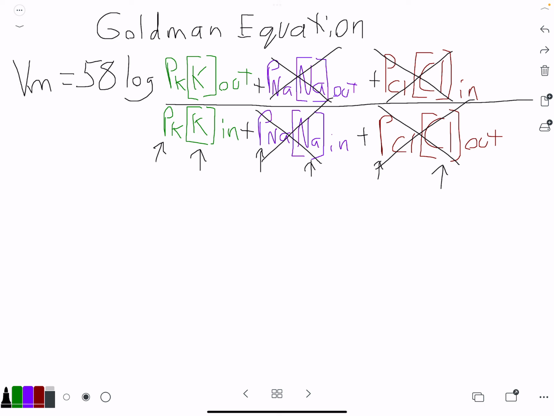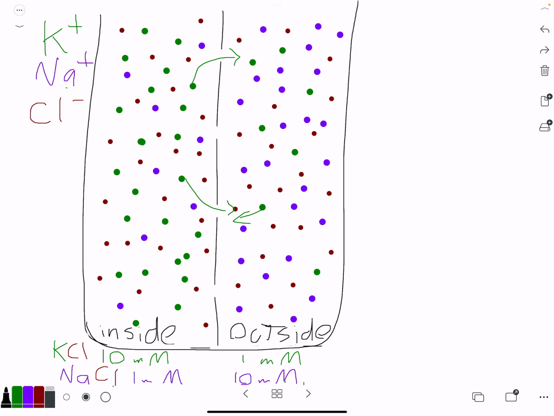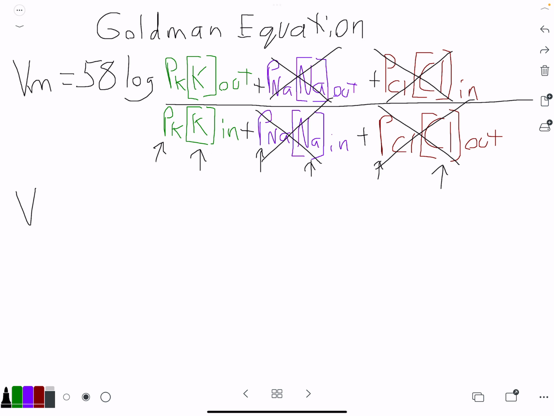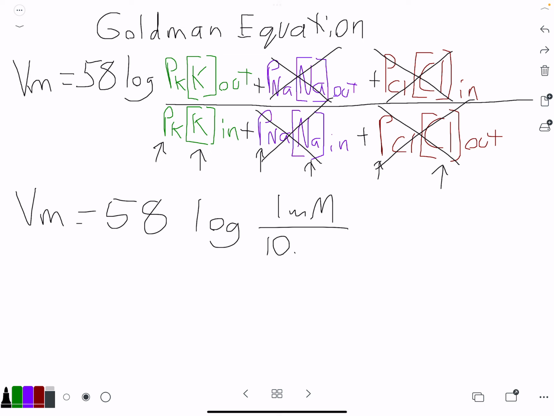So what is this for our experiment? Well, let's familiarize ourselves with the potassium again. Outside the potassium concentration is 1 millimolar, and on the inside it's 10 millimolar. So we simply plug those in. So our membrane potential is 58 times the log of, remember the outside was 1 millimolar, and the inside was 10 millimolar.